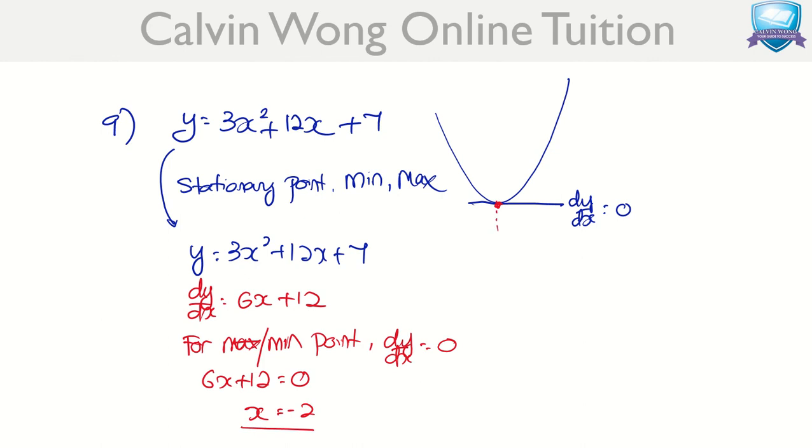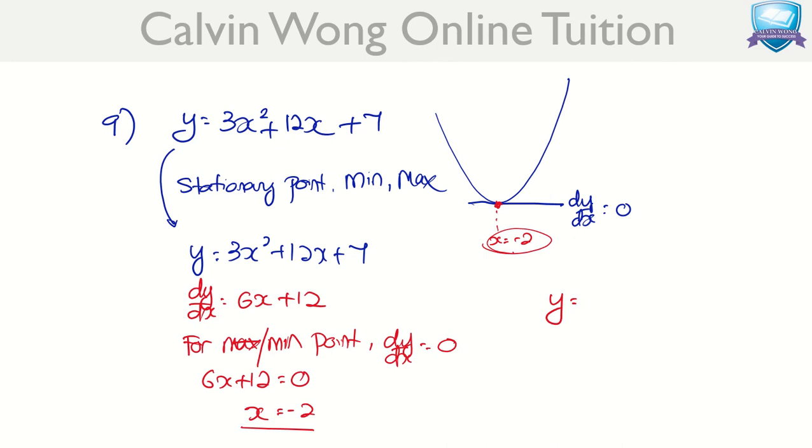At this point, x equals negative 2. If they want you to find the point, then you need to find the y value. So x equals negative 2. Should we substitute into here?